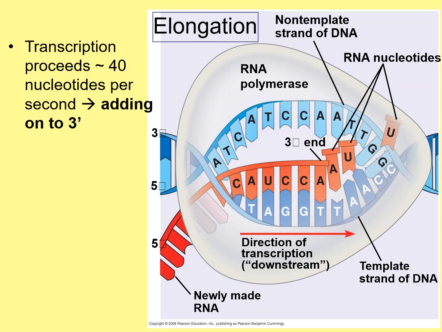So I have a 3' end, say that 10 times fast. Free 3' end is here, and I'm RNA polymerase, and I'm catalyzing that bond, and so I'm just grabbing those corresponding complementary RNA nucleotides that match the DNA template, and I'm adding them on, and I'm catalyzing that reaction to join those nucleotides together, right?